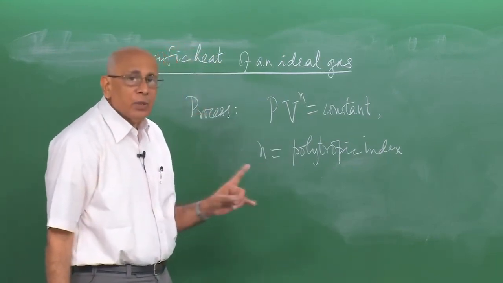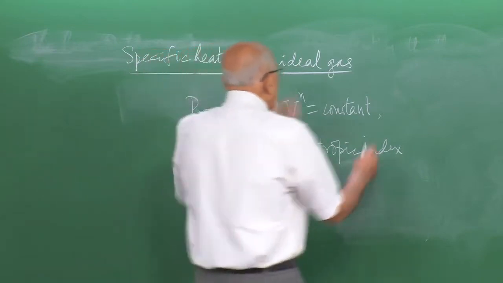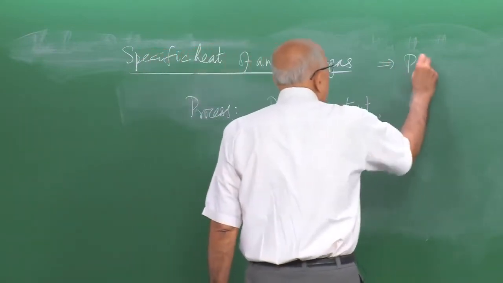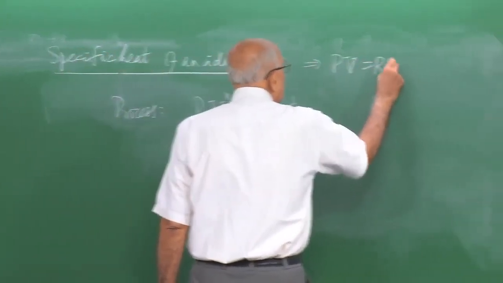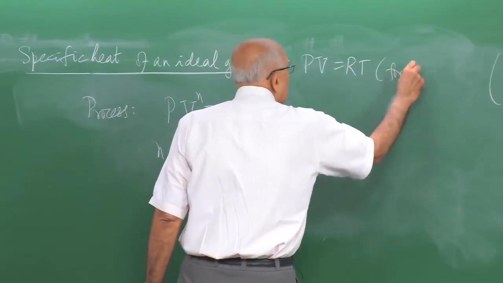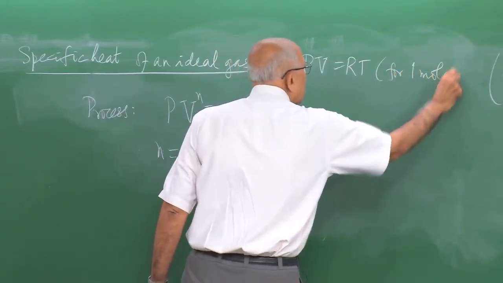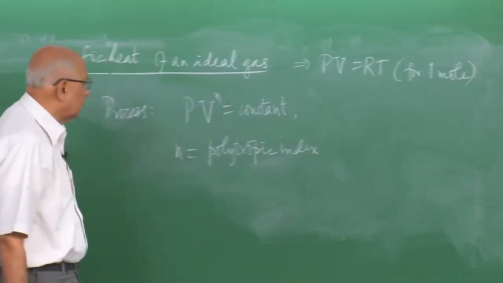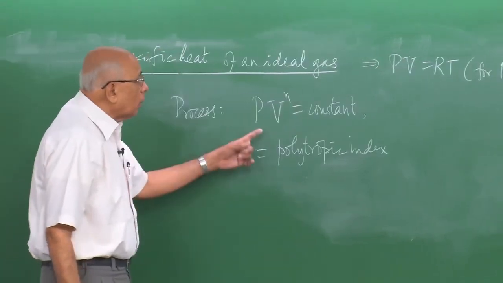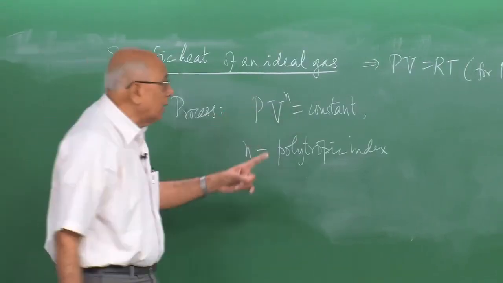All the while the equation of state is still valid. So, an ideal gas implies that Pv equal to RT for 1 mole. Okay. I am now looking at what happens when PV to the n is constant.